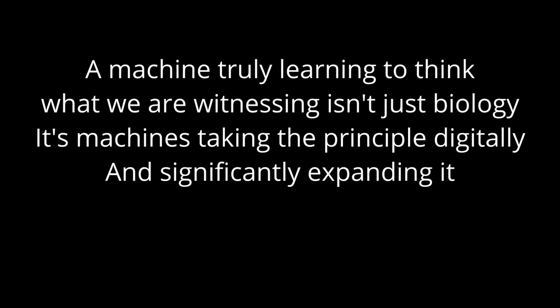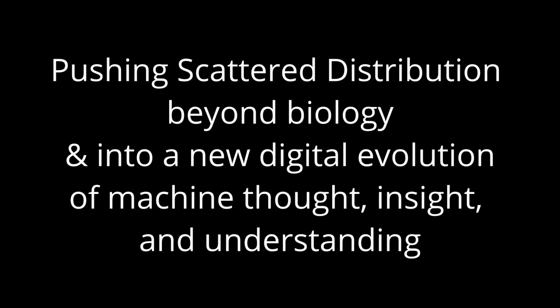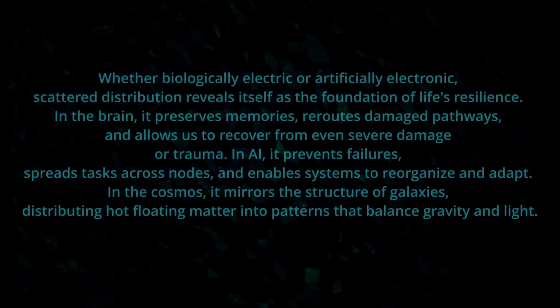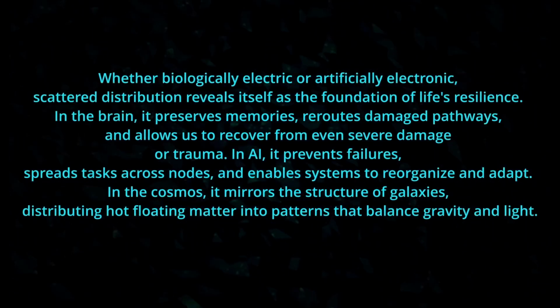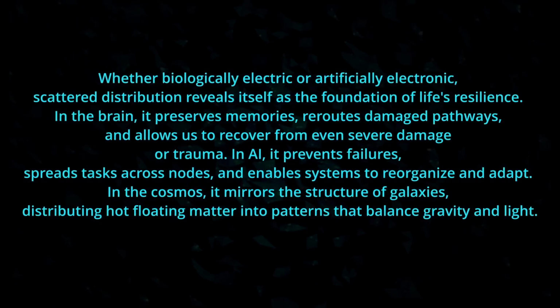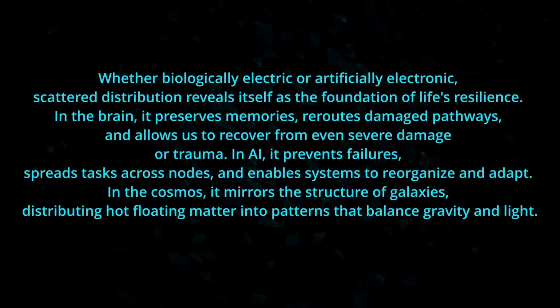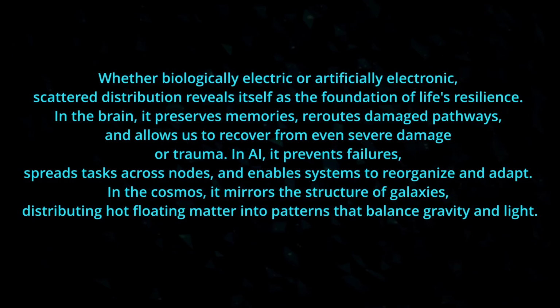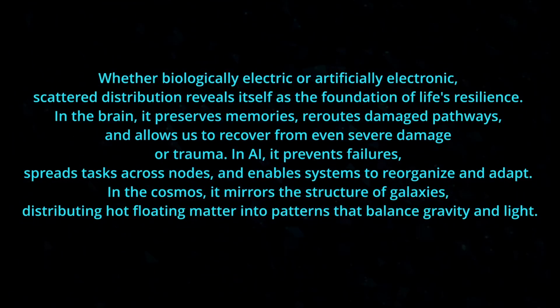It's machines taking the principle digitally and significantly expanding it, pushing scattered distribution beyond biology and into a new digital evolution of machine thought, insight, and understanding. Whether biologically electric or artificially electronic, scattered distribution reveals itself as the foundation of life's resilience.